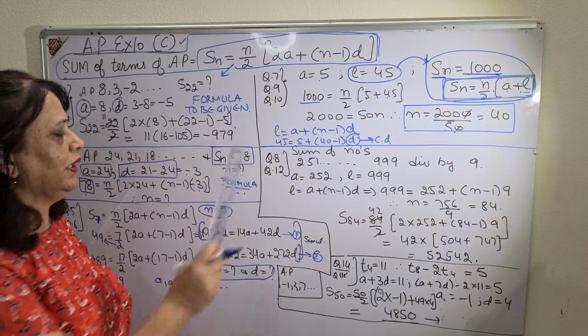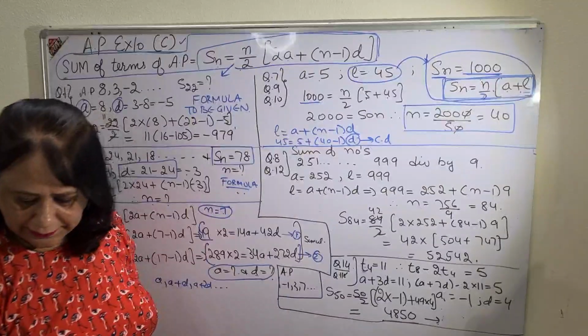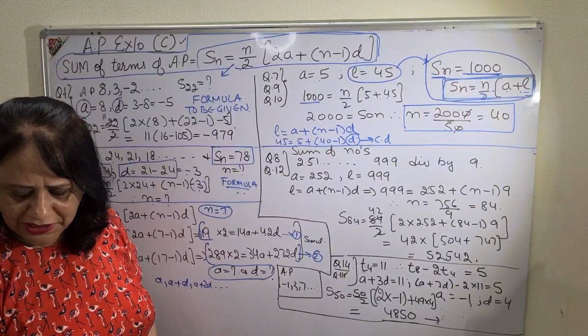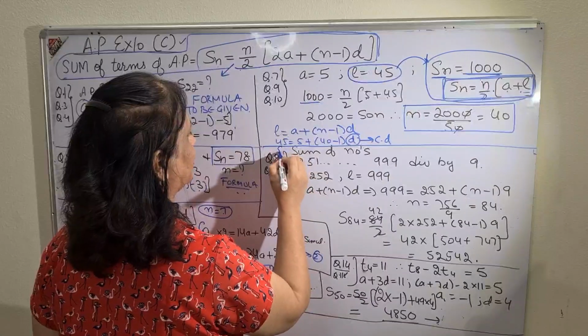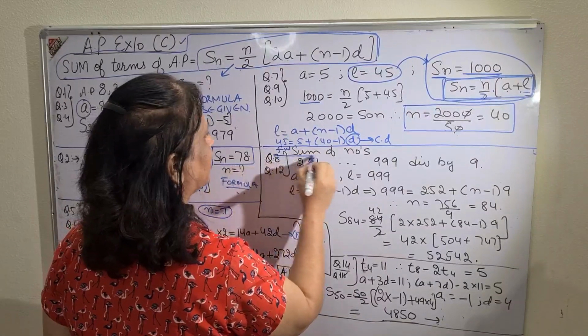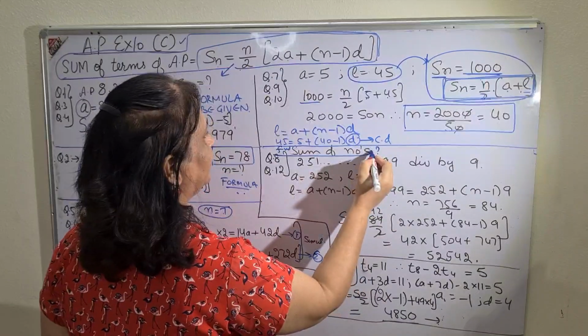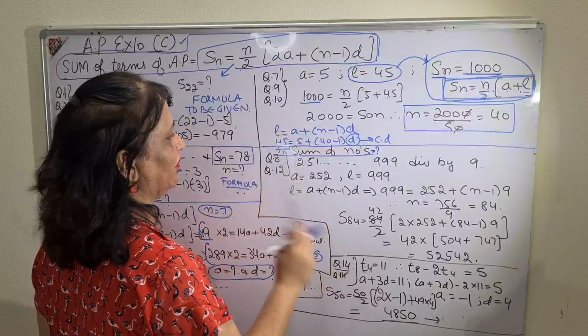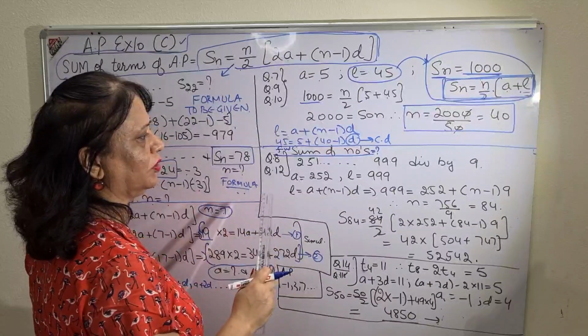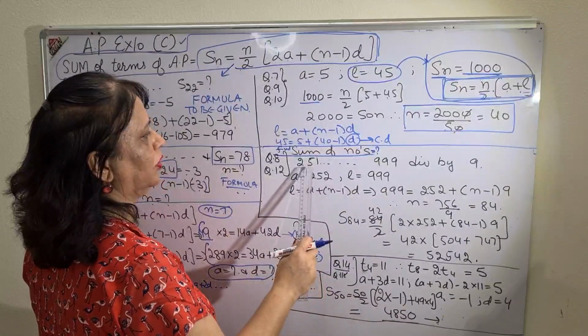I've done it here. He says find the sum of all natural numbers. I have to find the sum of the natural numbers which are lying between 250 and 1000. Between means 250 is not to be taken, 1000 is not to be taken.